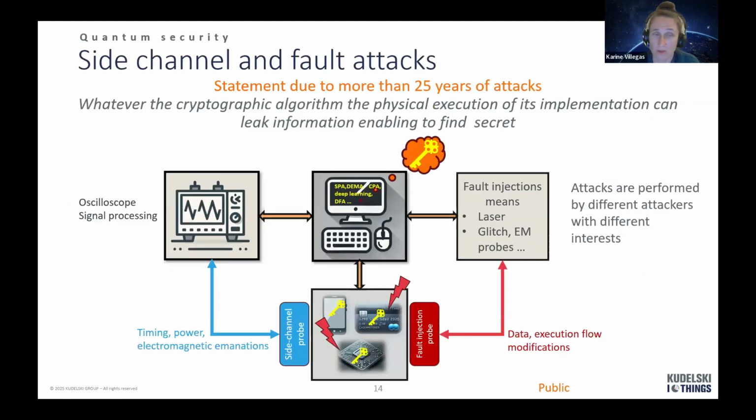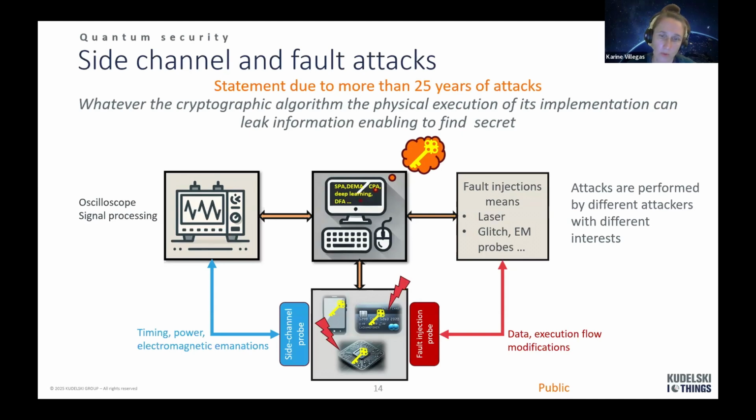To remind you what side channel and fault attacks are, here I have put an overview. And the statement that we could provide today, with the 25 years of attacks that we have seen in the cryptography area and protocols, is the following one. Whatever the cryptographic algorithm, whatever its security, whatever its robustness in terms of cryptanalysis, the physical execution of its implementation can leak information, enabling an attacker to find the secret it is normally in charge of protecting.